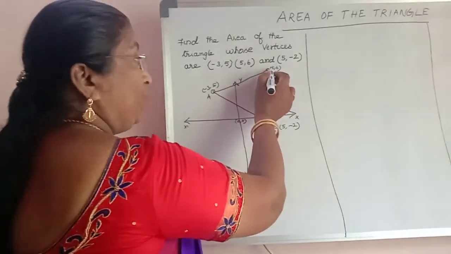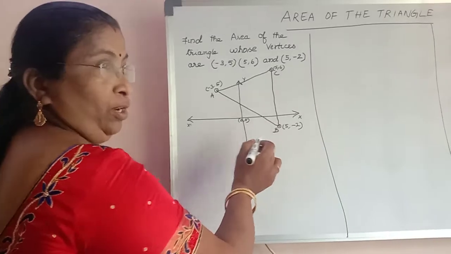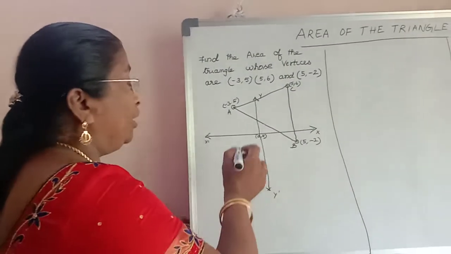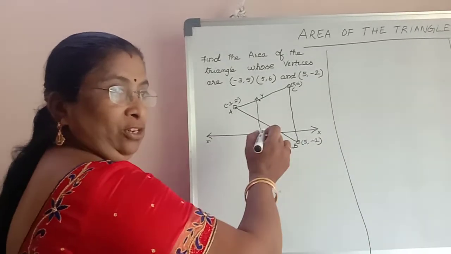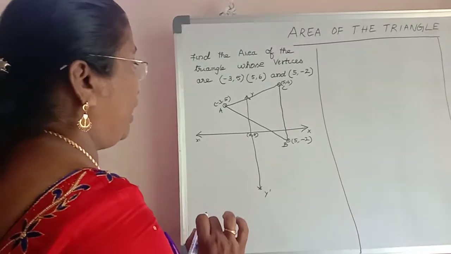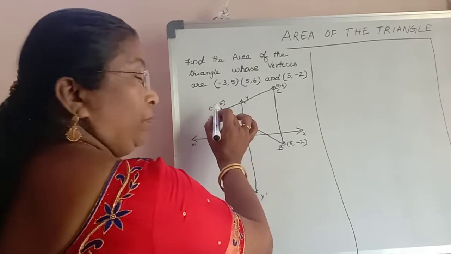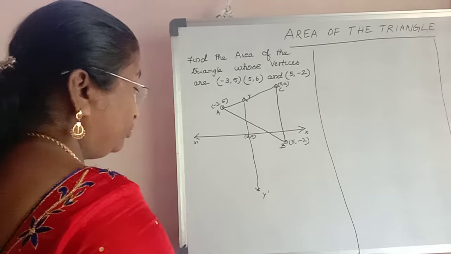You could have taken even this as A, where B will be this point and C will be this point. The only thing you have to keep in mind while naming the vertices to find the area of the triangle is that it has to go in the counterclockwise direction, that is opposite to the clockwise direction. So now we have formed the triangle ABC with the coordinates minus 3, 5, 5, minus 2 and 5, 6.